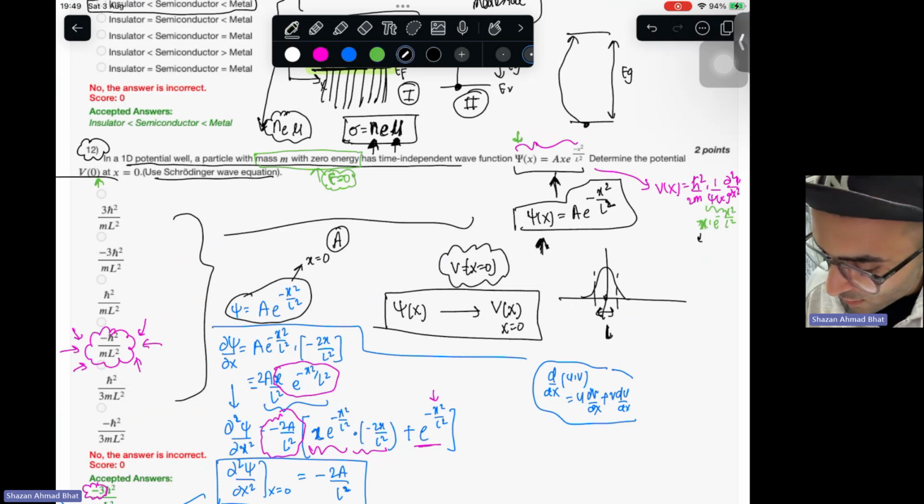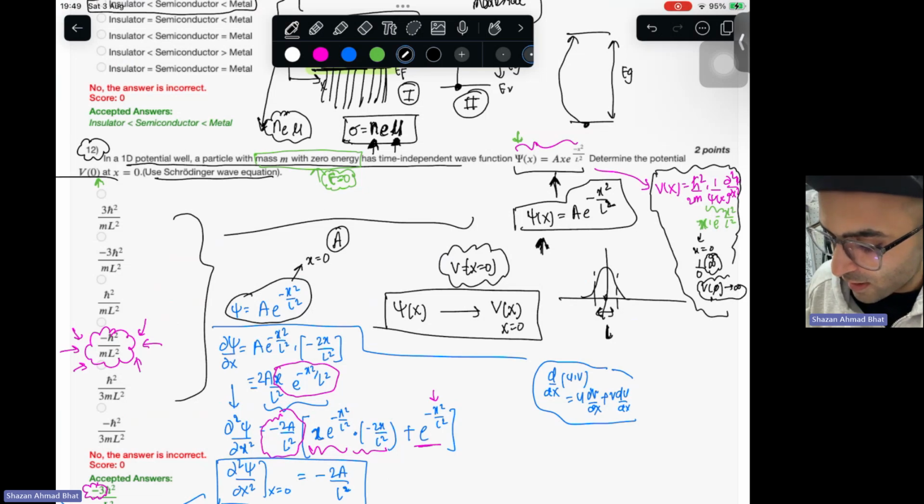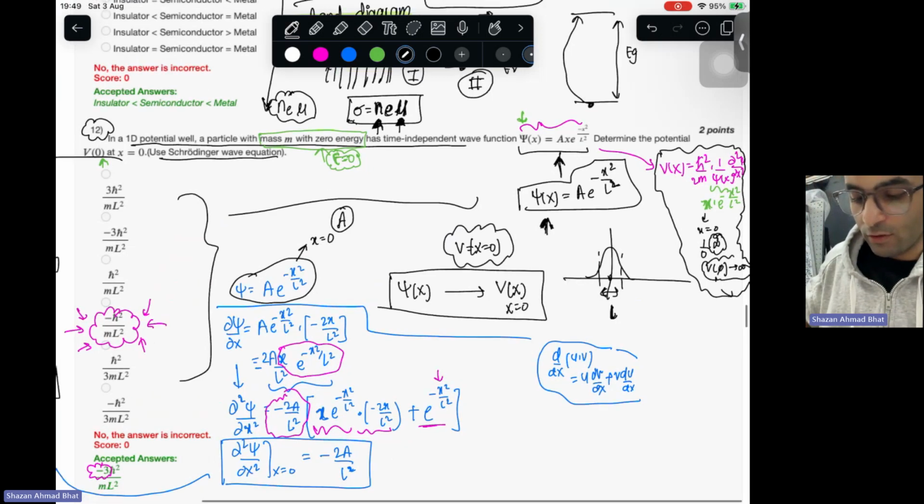And when you put x equals 0, you get 1 by 0, which is infinite. The potential blows up, that means V(x) tends to infinity. So that's why I cannot justify or comprehend how the wave function will be defined like this. Okay, you can come up with your explanations.